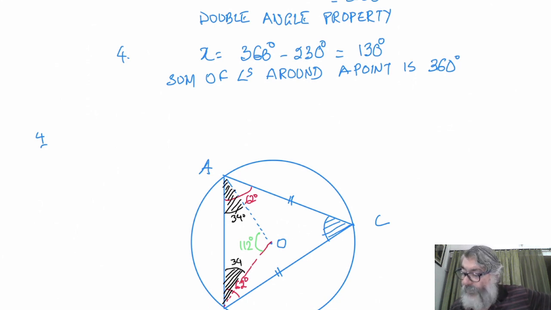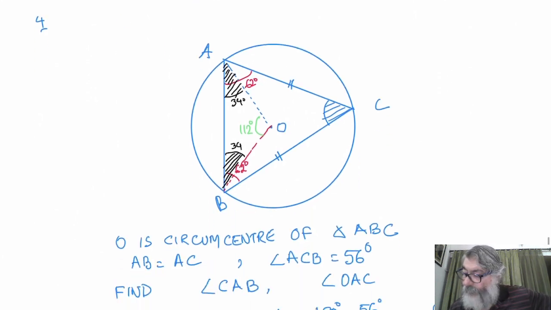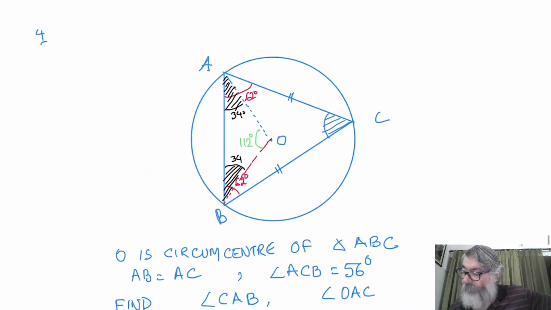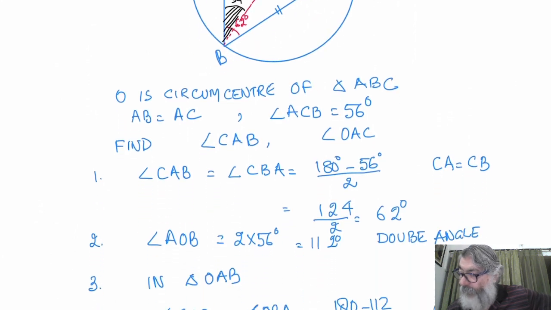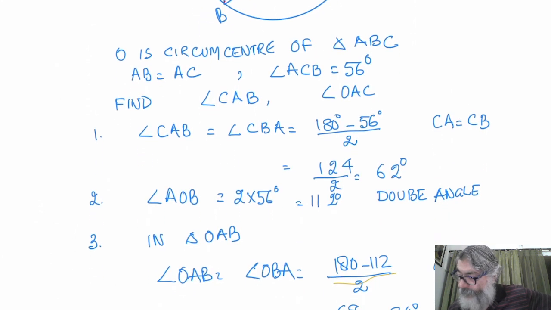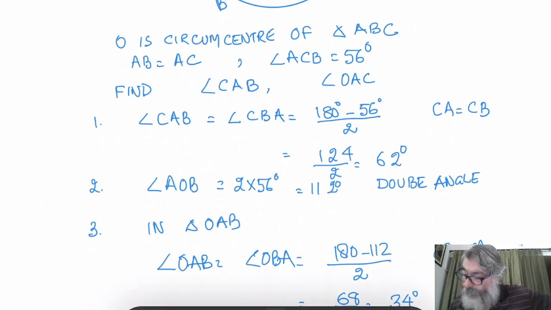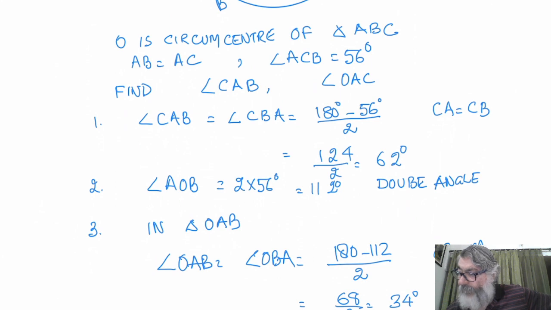And what is he wanting? Which angle is he wanting? He is wanting us to find OAC. So now how will we calculate angle OAC? What was the complete angle here?